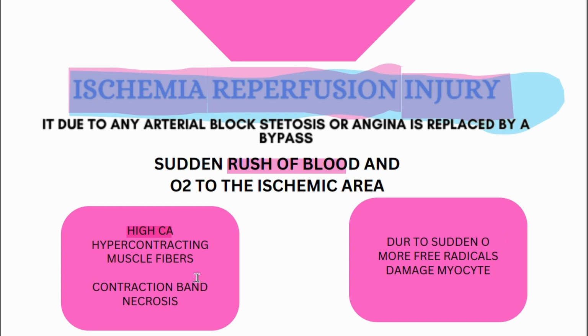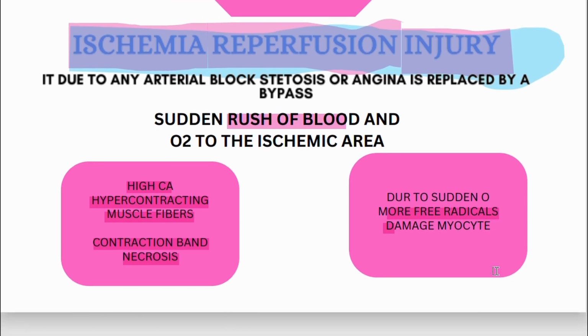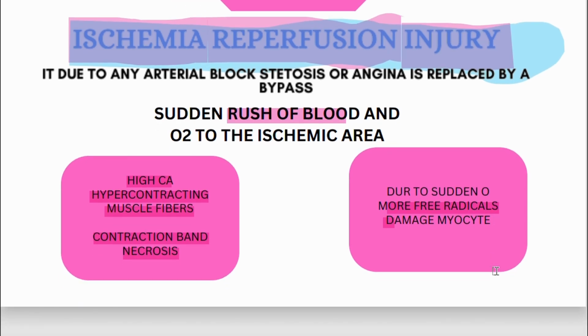High calcium supply leads to hypercontracted muscle fibers, and high oxygen supply leads to free radical formation. In the first case, it leads to contraction band necrosis, and in the free radical state, it can damage the myocytes, meaning the cells of the muscle. So this is ischemia reperfusion injury.